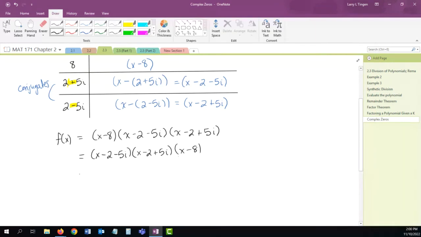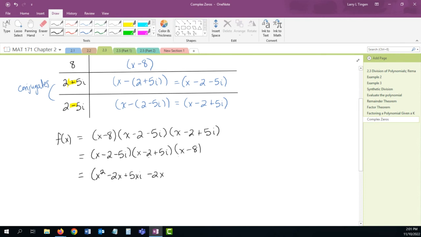So I'm just going to go old school. We're going to multiply these two trinomials. We're going to end up with 9 terms from this multiplication. All right, so it's going to be x times x is x squared. x times negative 2, negative 2x. x times 5i, 5xi. And then I go down to the next term, negative 2. Negative 2 times x, negative 2x.